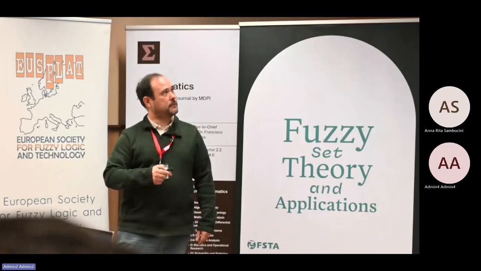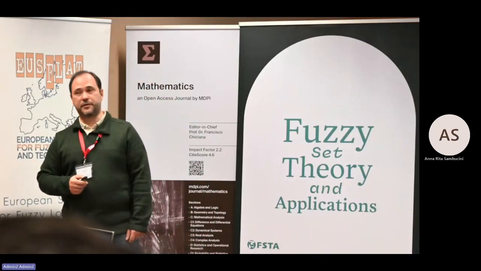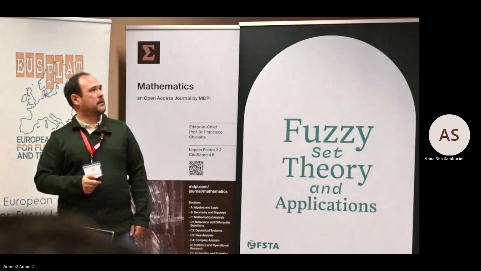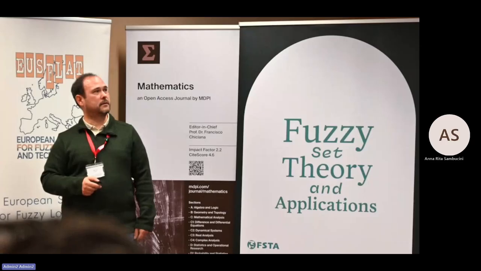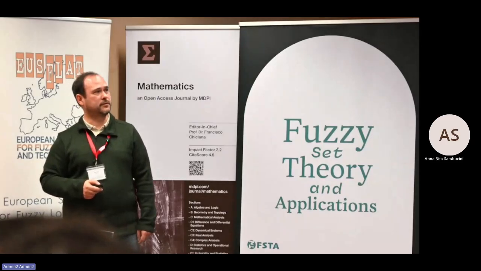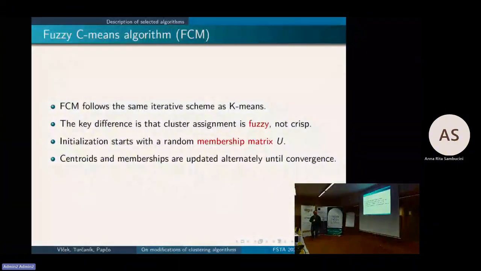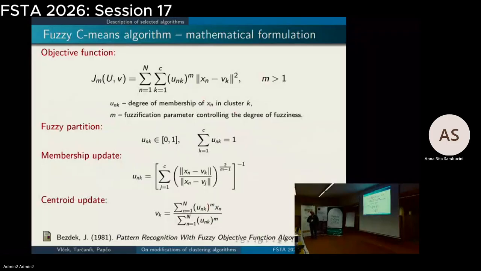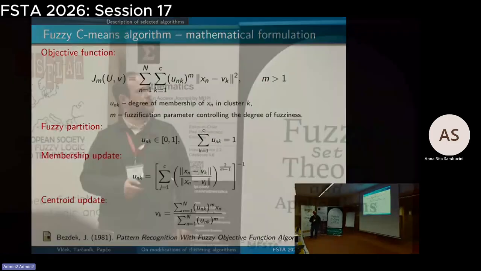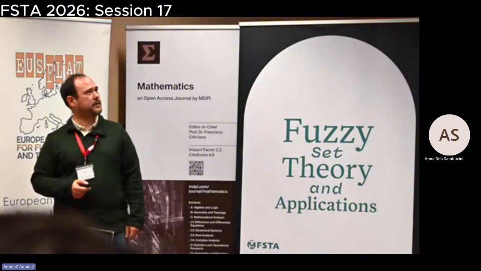Very similar is the fuzzy C-means algorithm. The key difference is that the clusters are fuzzy, not crisp. And we start with initialization of a random membership matrix, not random centroids. But all steps are similar to k-means. The formulations and equations are here.